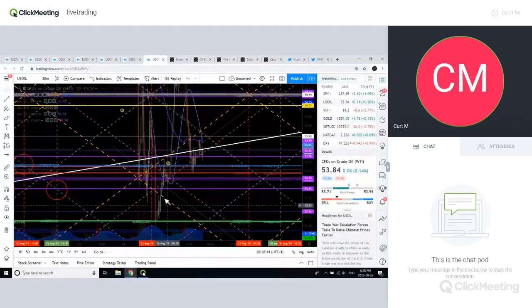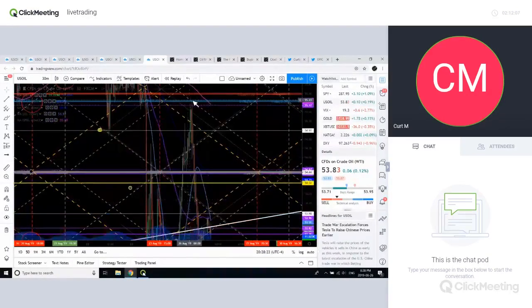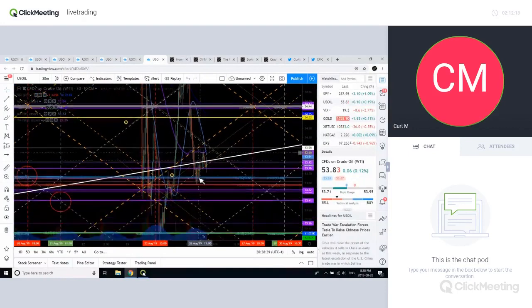But anyway, so it ends up getting above the trading box again, and boom, and look, right back up to what? The trading box. Hits the trading box, boom. Where does it go? Right back down to the trading box, and then bounces. That's just one example.